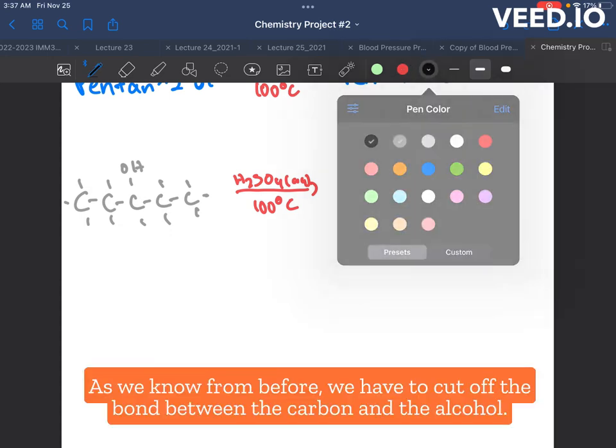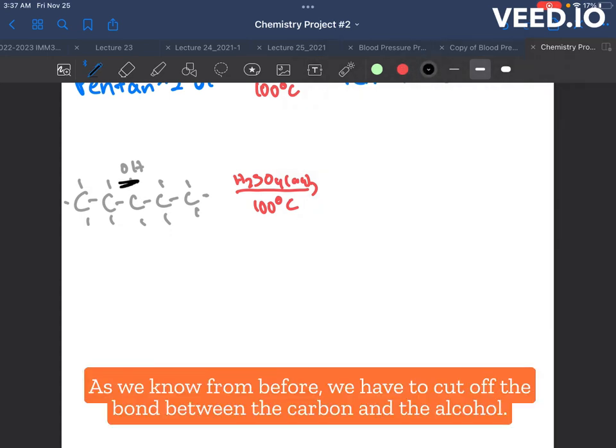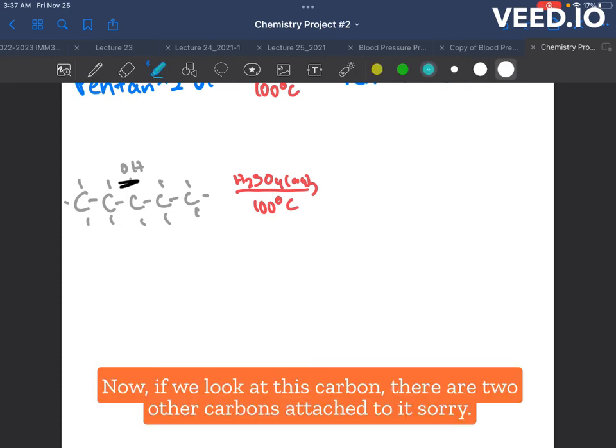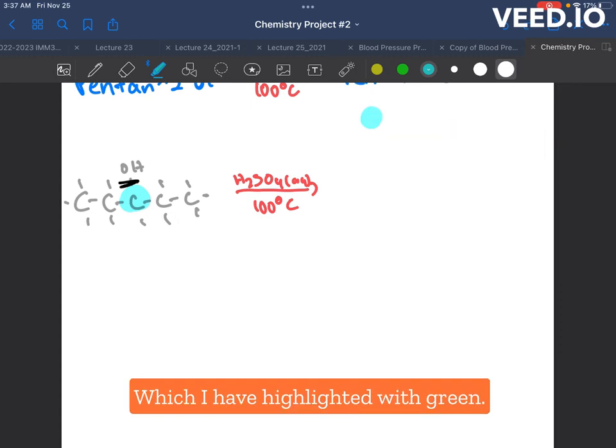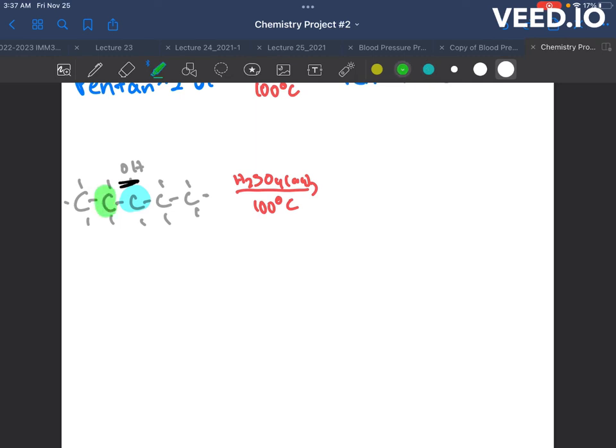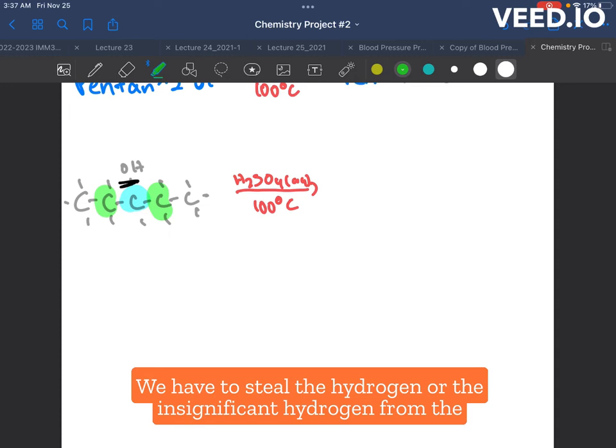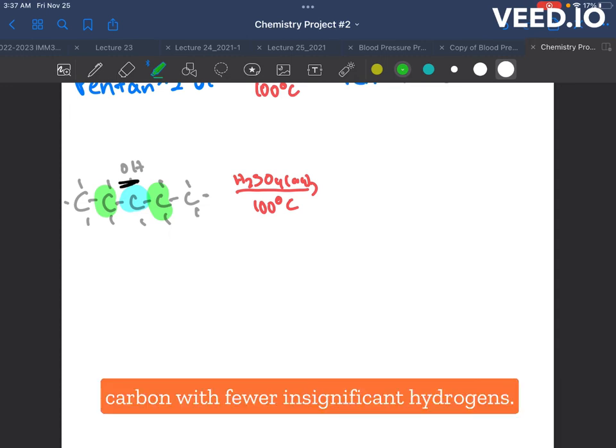As we know from before, we have to cut off the bond between the carbon and the alcohol. Now, if we look at this carbon, there are 2 other carbons attached to it, which I have highlighted with green. We have to steal the insignificant hydrogen from the carbon with fewer insignificant hydrogens.